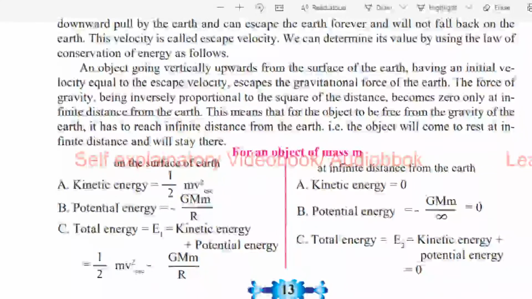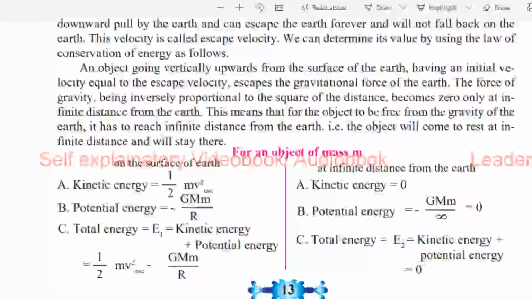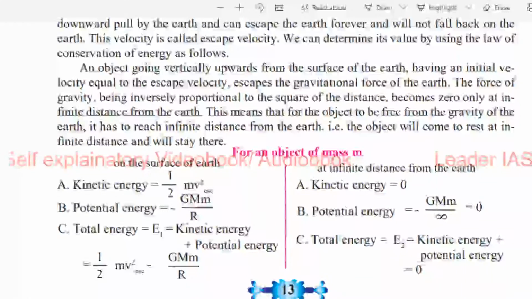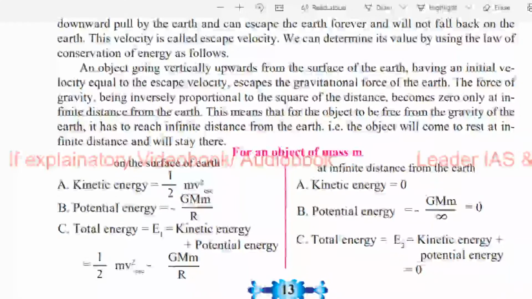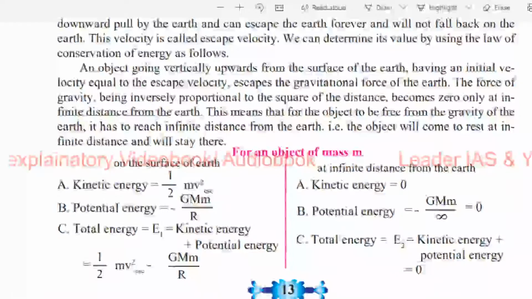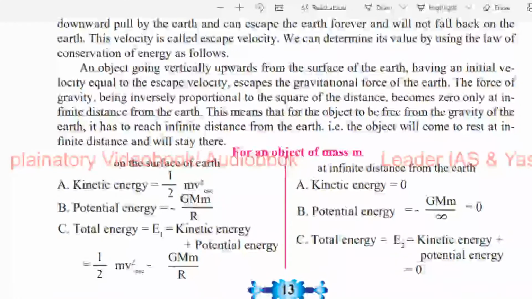For an object of mass m, see in the picture, on the surface of the earth, kinetic energy is half mv square, while at an infinite distance from the earth, the kinetic energy is 0.